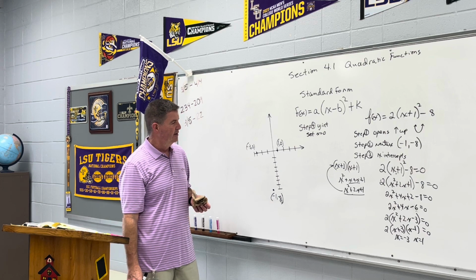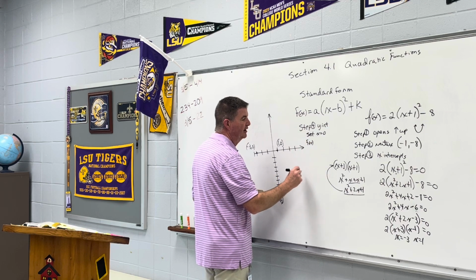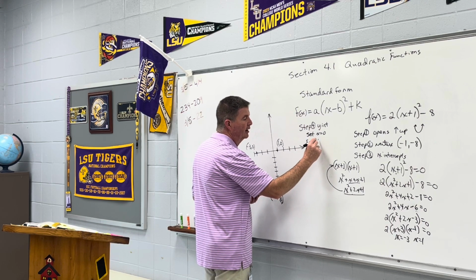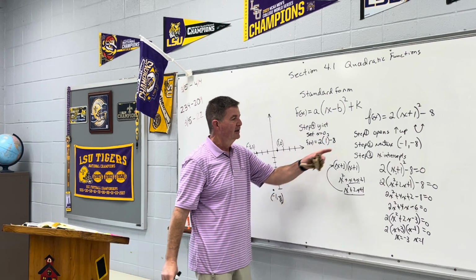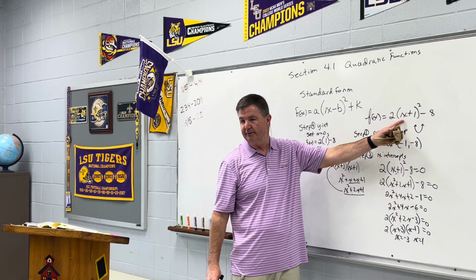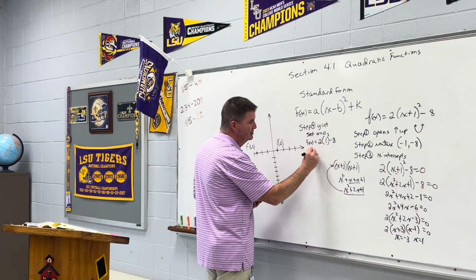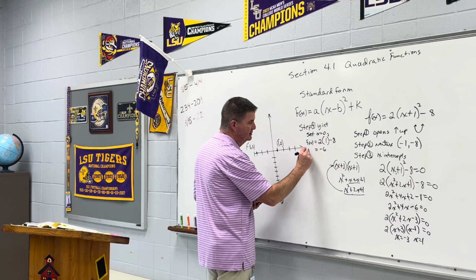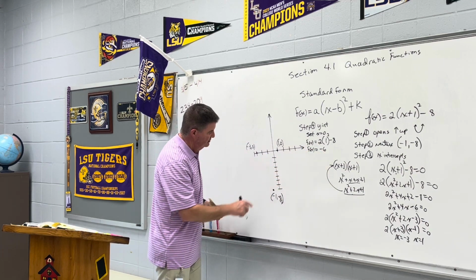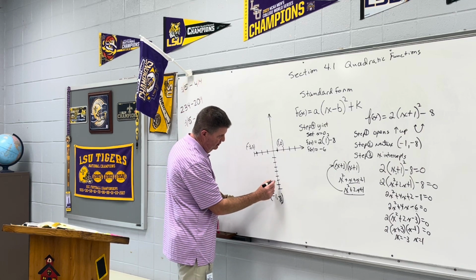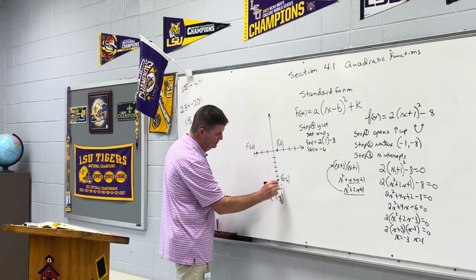So I'm going to have f of x, which is what I'm trying to find, is equal to 2 times 1 squared minus 8, because I'm setting the x equal to 0. So I got what? 1 squared is 1 times 2, so I got 2 minus 8, which is -6. F of x is equal to -6, which means y is equal to -6. So at -6, we would cross the y-axis. It would be 0, -6.